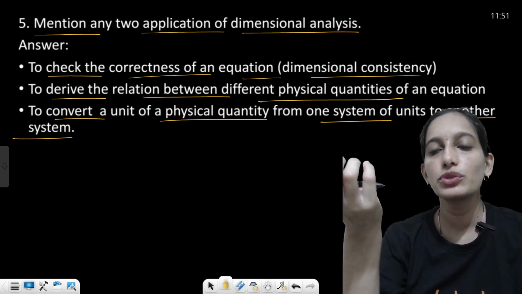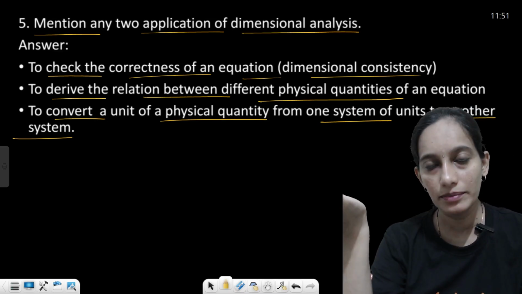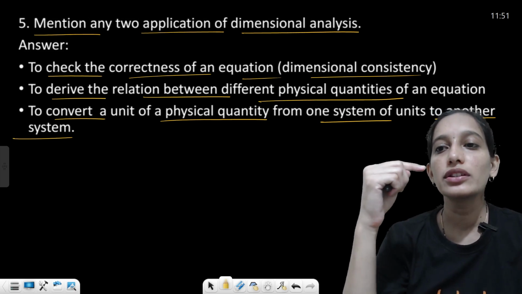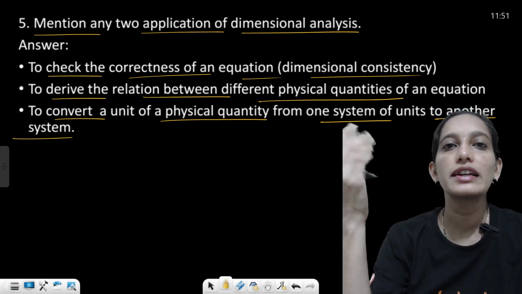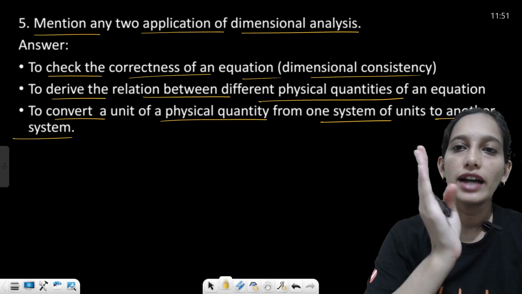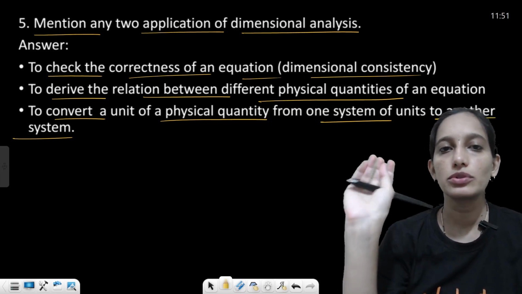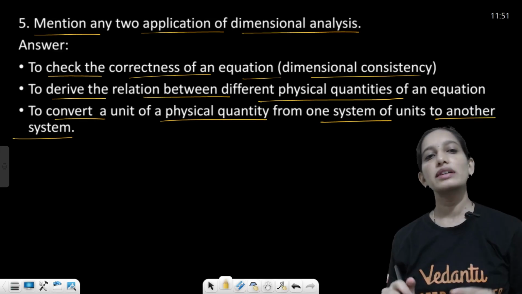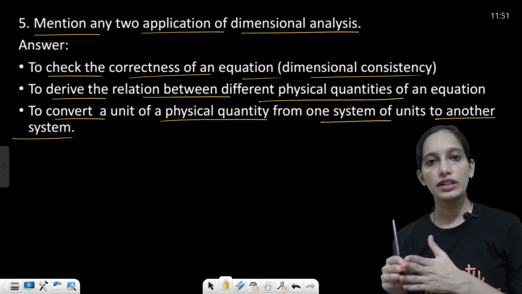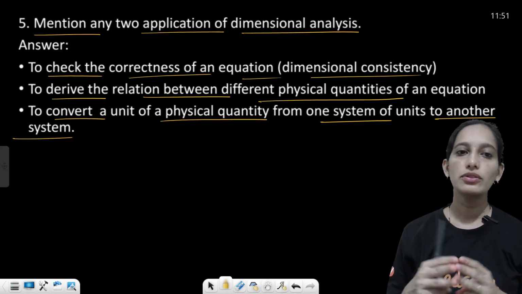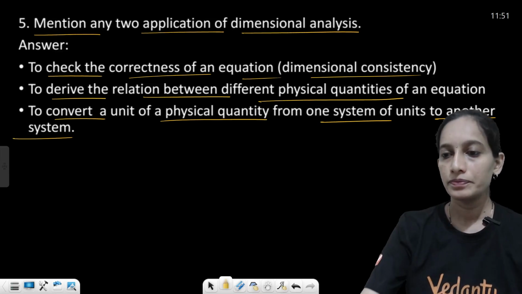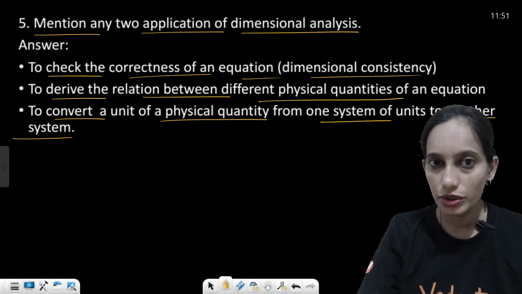For example, Newton is the unit in the SI system, so I can convert this unit to another system of units like CGS. Dimensional analysis helps us to convert units from one system to another. So for 2 marks, any 2 points is enough, and if it is for 3 marks, we can write down any 3 points. We'll move on to the next question.